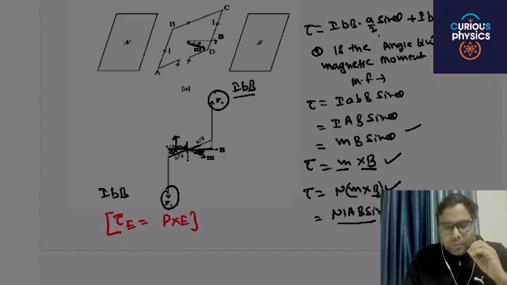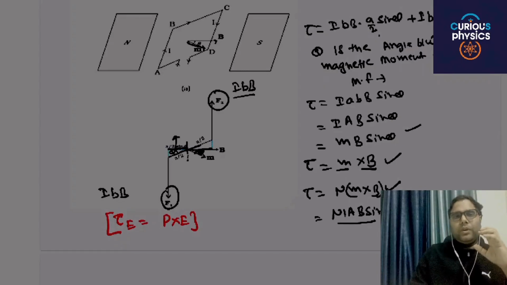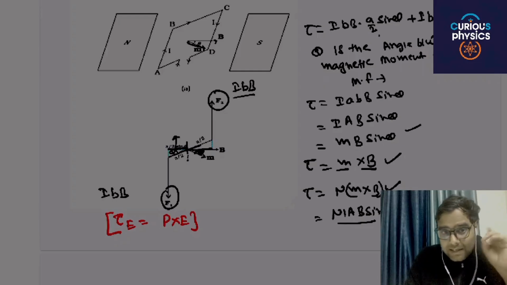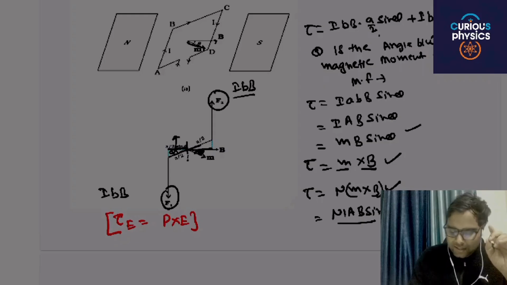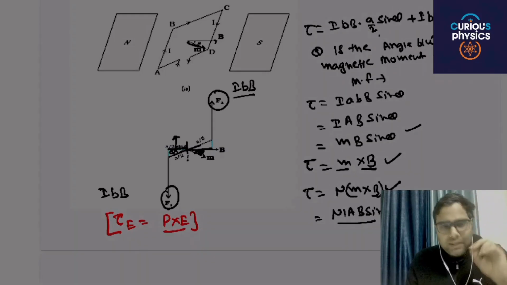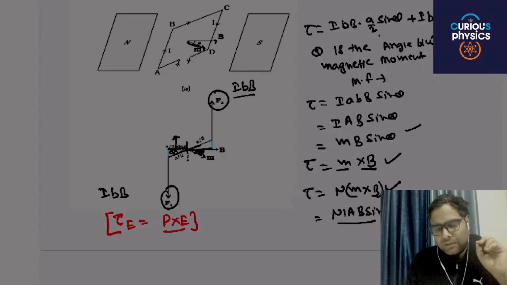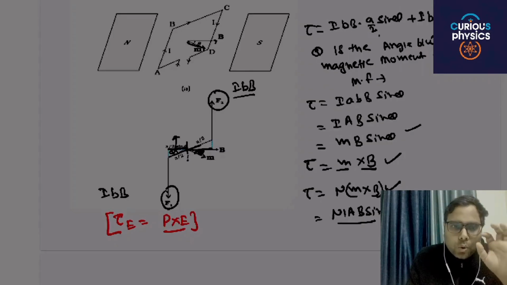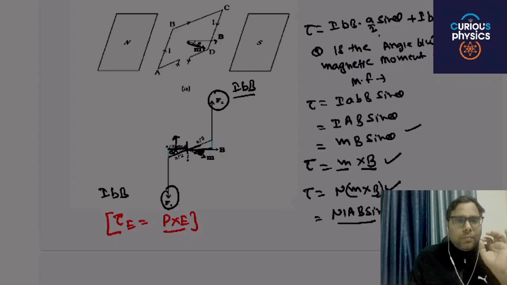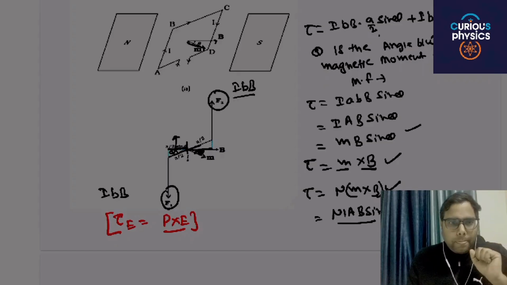We are trying to set up some analogy between magnetic field and electric field. So at that point, we said that the torque is P cross E, and P is nothing but the electric dipole moment, and here M is magnetic moment. Are you able to understand my point or not?